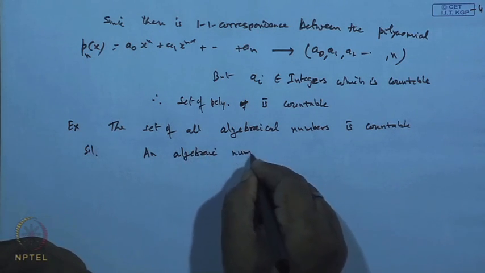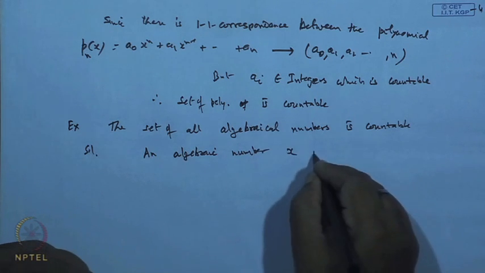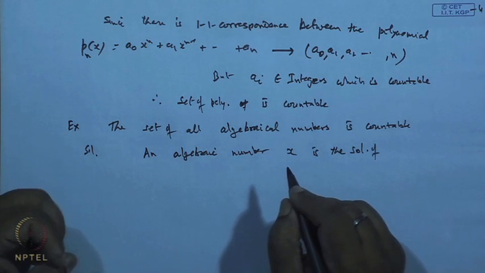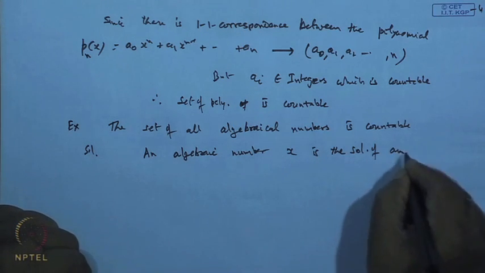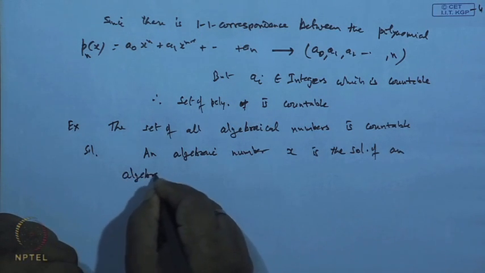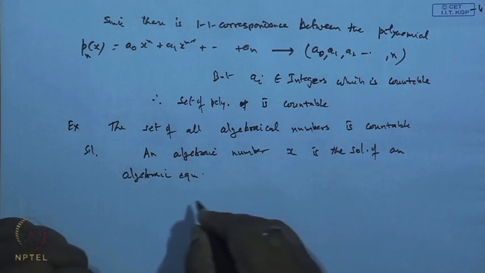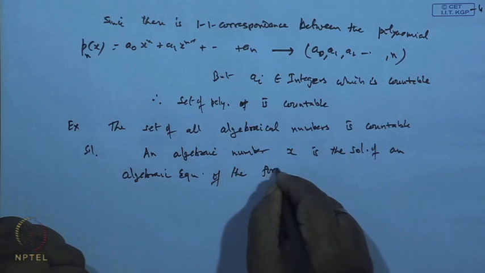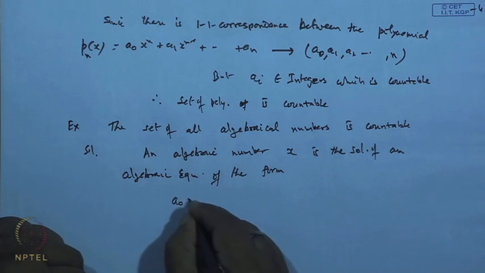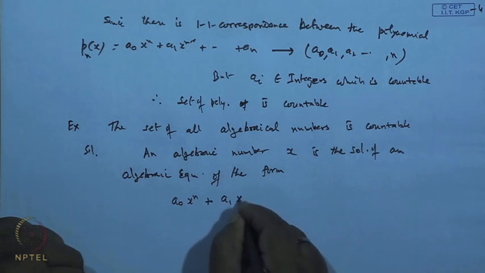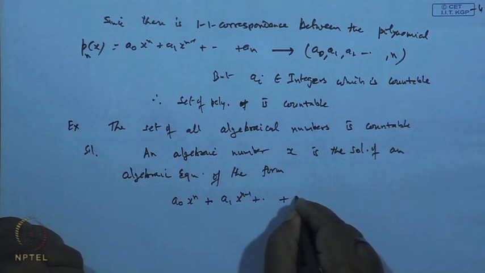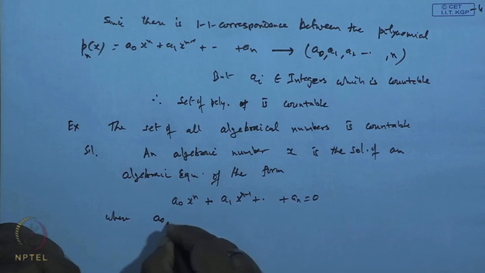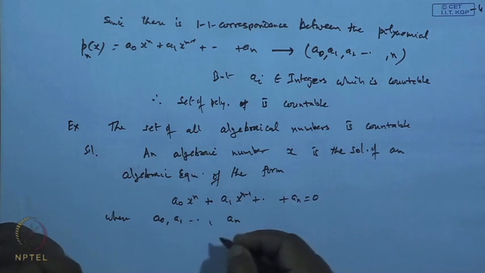An algebraic number x is a solution of an algebraic equation of the form a0 x to the power n plus a1 x^(n-1) plus ... plus an equal to 0, where the coefficients a0, a1, a2, ..., an are all integers.